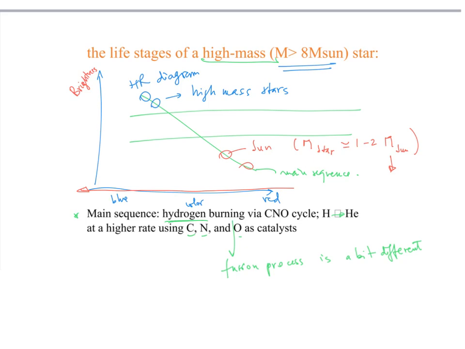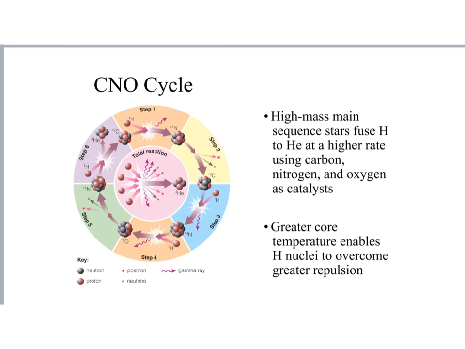So here is a diagram that illustrates the 6 steps of what's now called the CNO cycle, by which massive stars fuse hydrogen into helium.